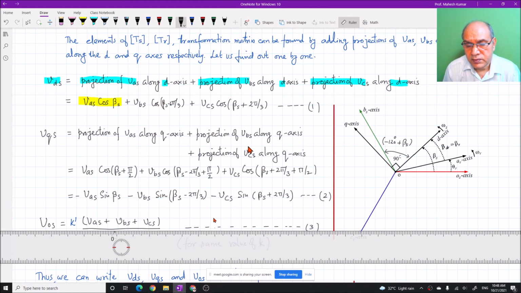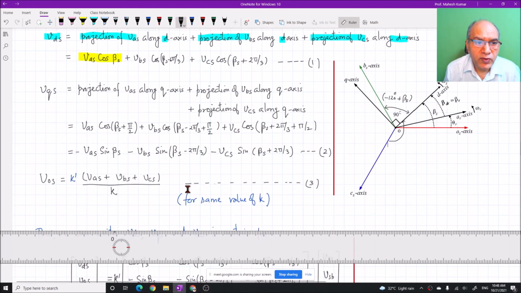And the projection of C along D is this angle, beta S plus 2 pi by 3. So this is the BDS.